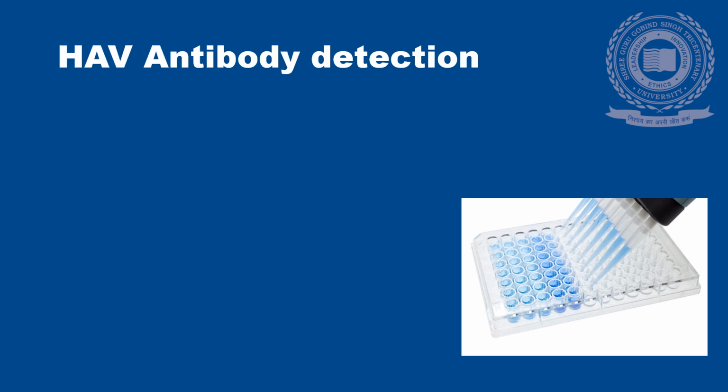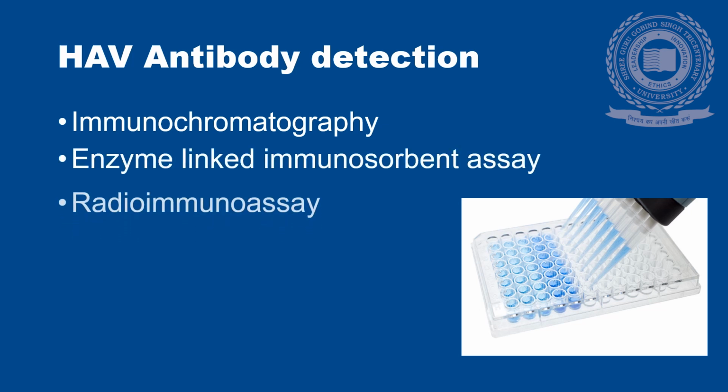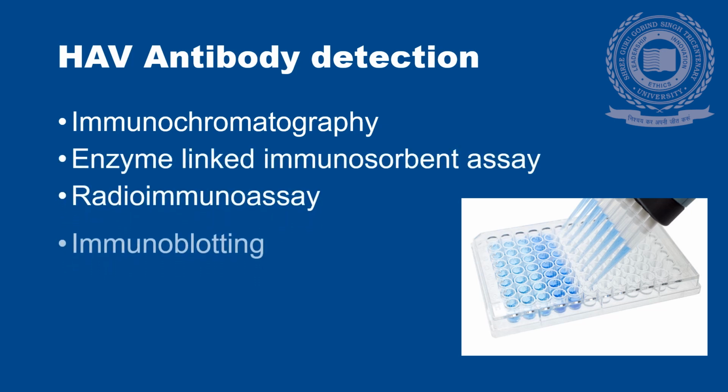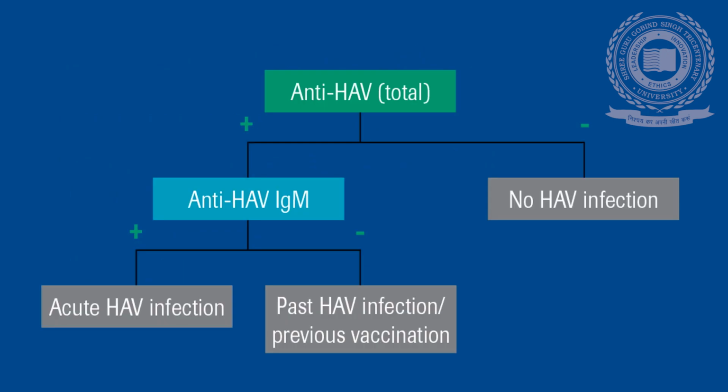Next is serology or antibody detection. It can be done through immunochromatography, ELISA, radioimmunoassay, immunoblotting, and dot blot immunogold filtration techniques. So first is anti-hepatitis A virus total antibody detection.